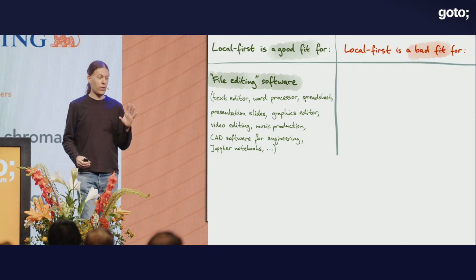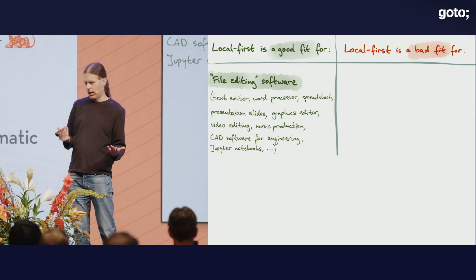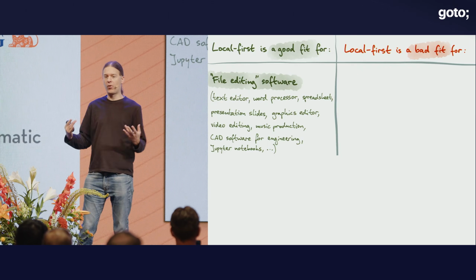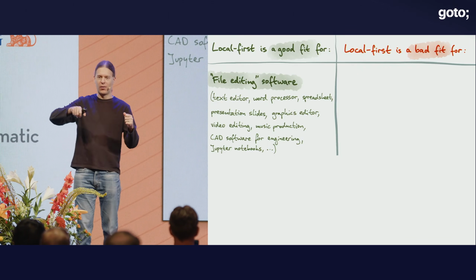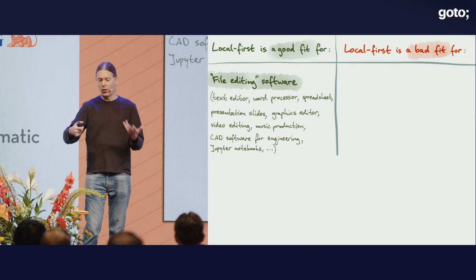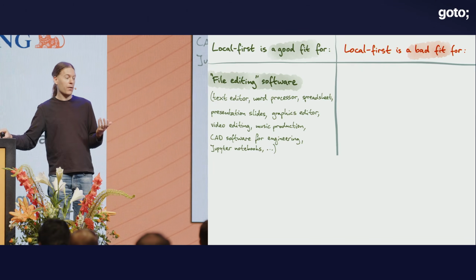Where I feel local-first software is a good fit is things that I think of as file editing. So in a traditional desktop software point of view, it would be the type of software where you open up some file on your file system, you edit it, you save it again afterwards. And that applies to a fairly large class of software.